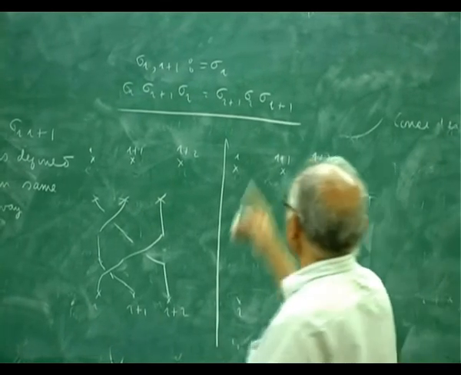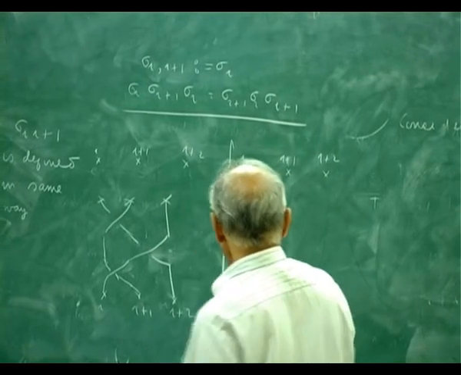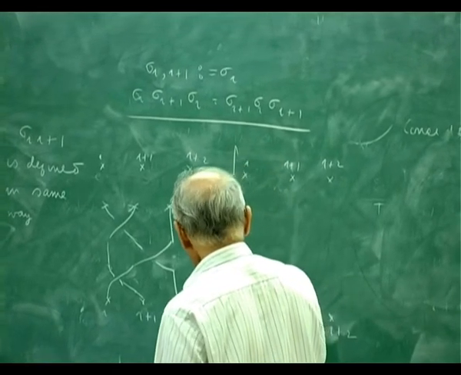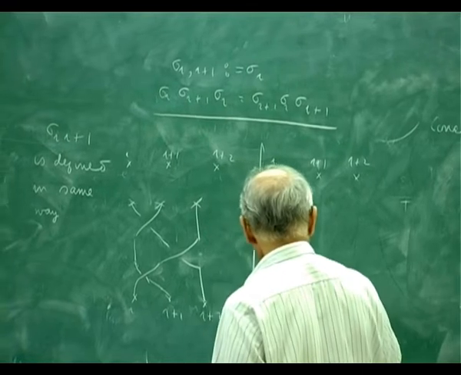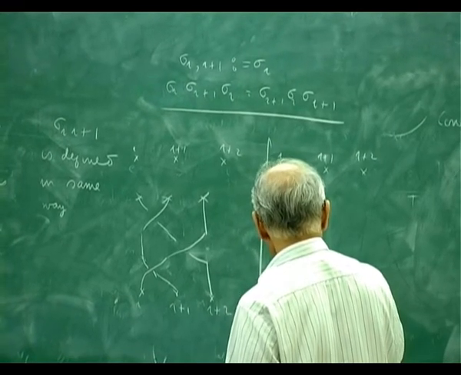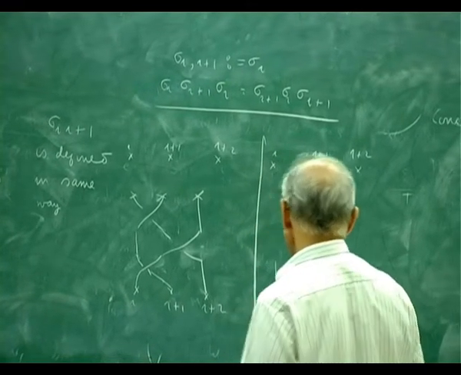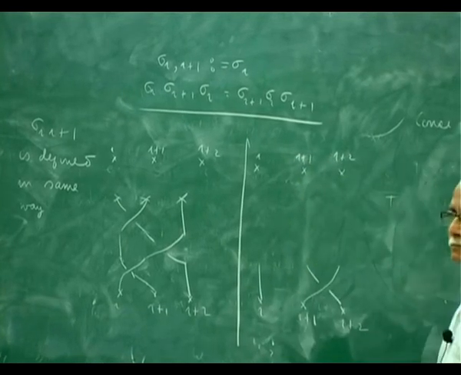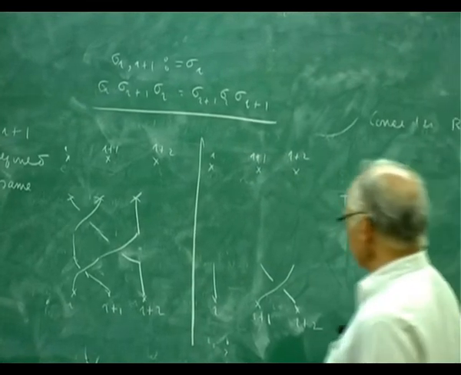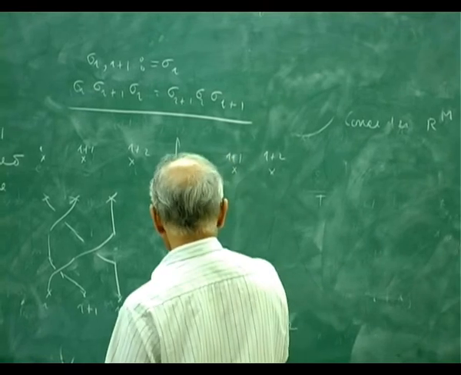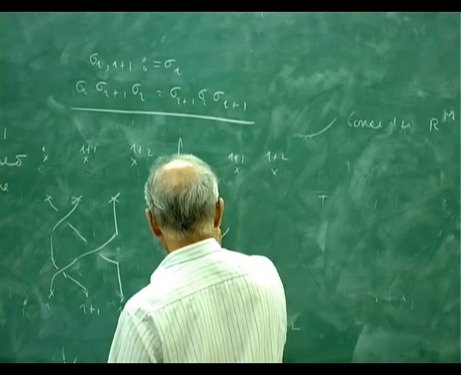Now let me look at this loop. Here I don't do anything, but I go, this goes over, this goes underneath. Then I exchange these two, so this goes over, this goes underneath.